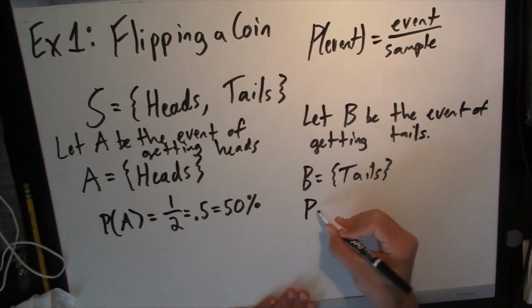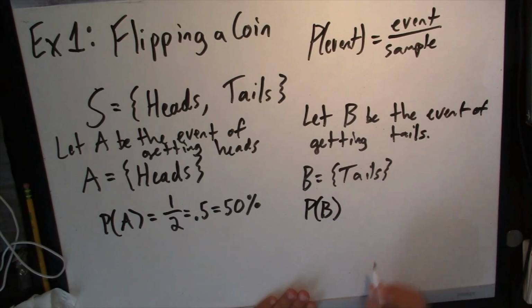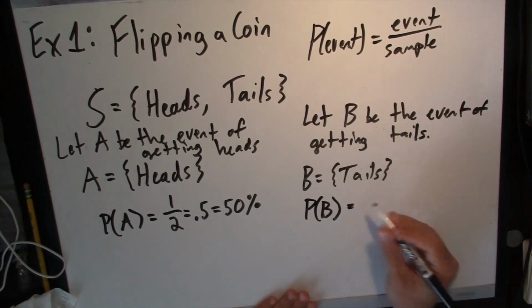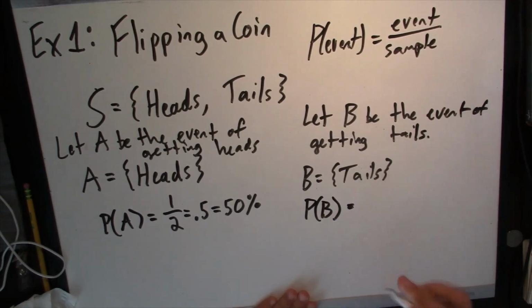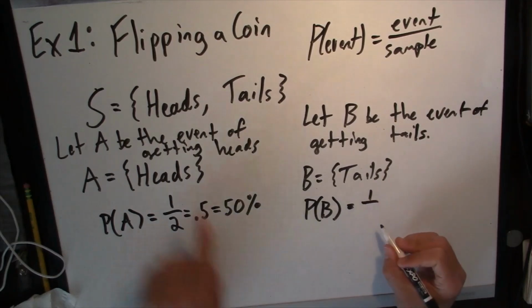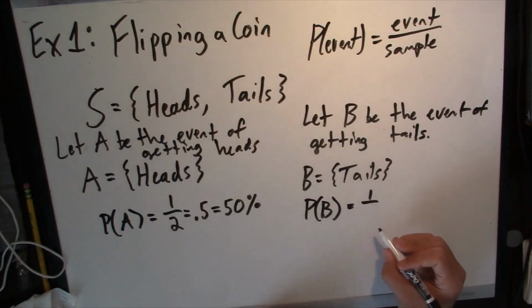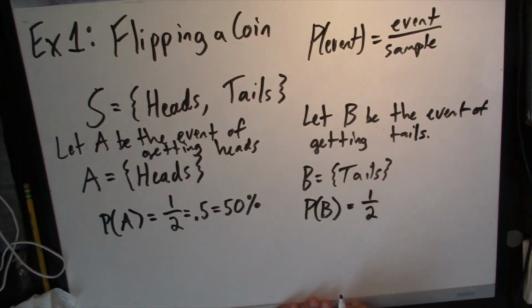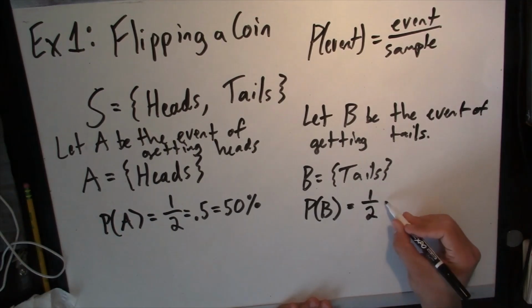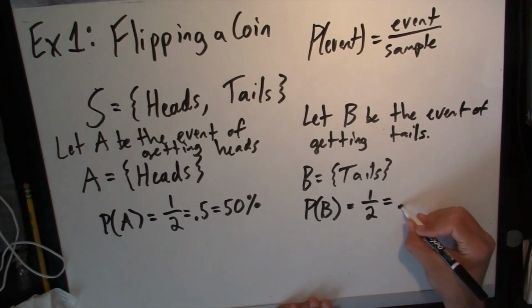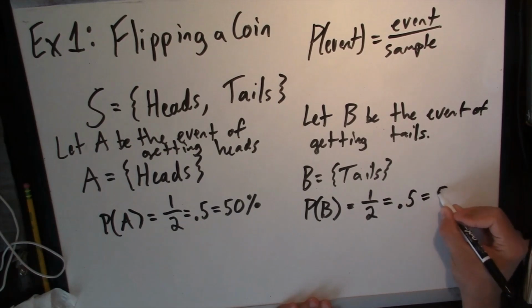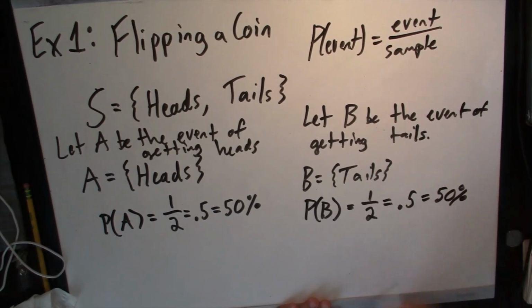The probability of getting tails, which is event B, well, we have 1 desired outcome, which is tails, over 2 total outcomes, heads or tails, which is the same thing. 0.5, which is 50%. So we have a 50% chance of getting heads, a 50% chance of getting tails.